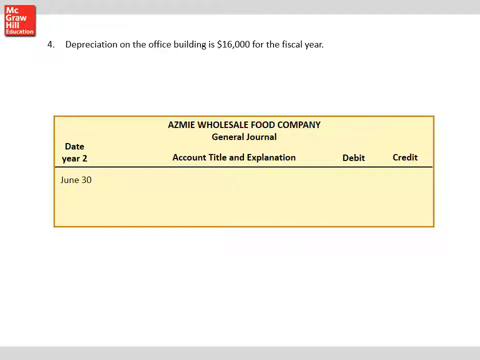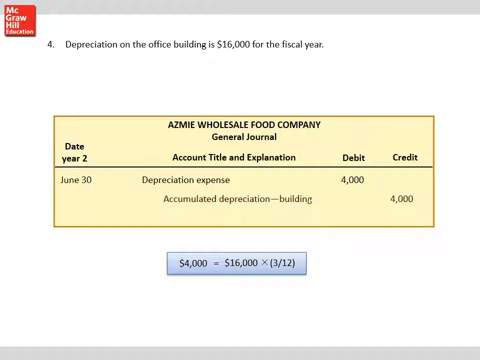In the next, depreciation on the office building is $16,000 for the fiscal year. So that's for the full 12 months. We only need 3. So 16,000 times 3/12, because the other months have already been recorded so far. Debit depreciation expense, credit accumulated depreciation building, 4,000.